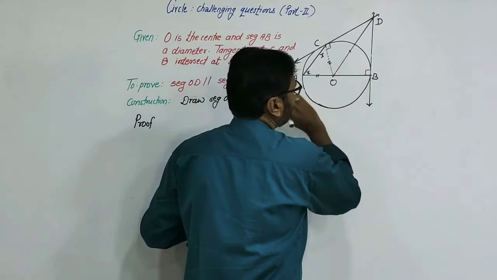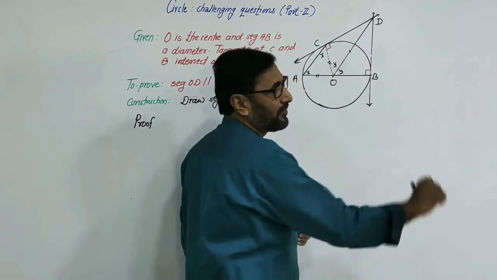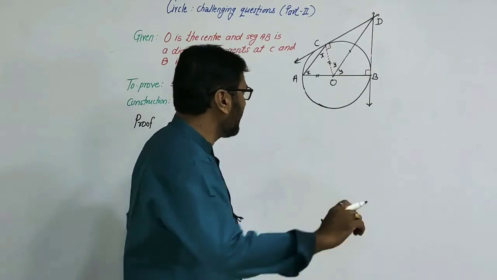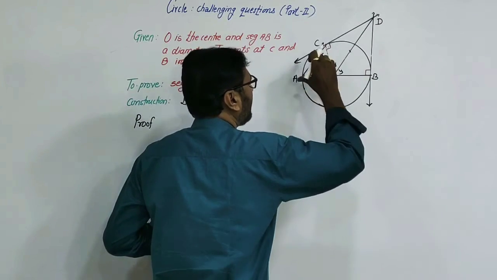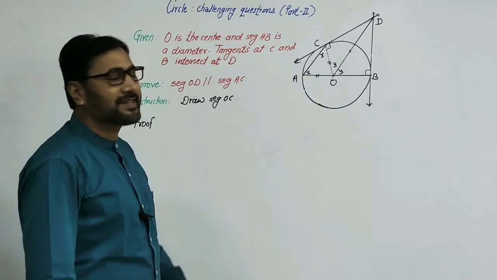After proving these two triangles congruent, you will write this is Y and this is Y because corresponding angles of congruent triangles. Now see, if we prove X is equal to Y, then we will be able to prove AC is parallel to OD by alternate angles test.